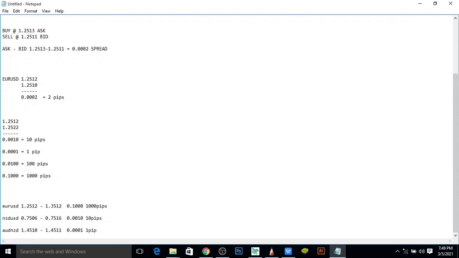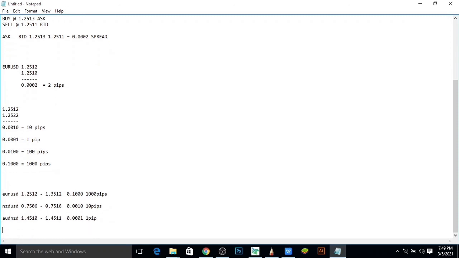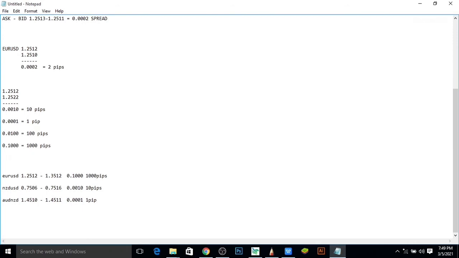Now, the only difference with yen pairs, right, Japanese yen pairs, is that you have 2 decimal places, right? You don't have 4 decimal places. That's the only difference. The same concept still applies. So let's say the price of Aussie yen right now is 75.32.